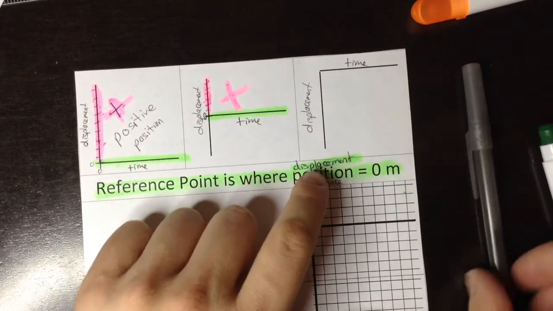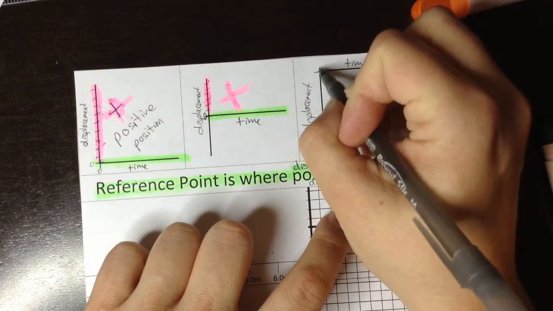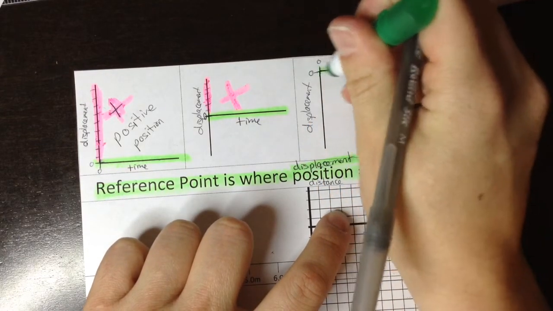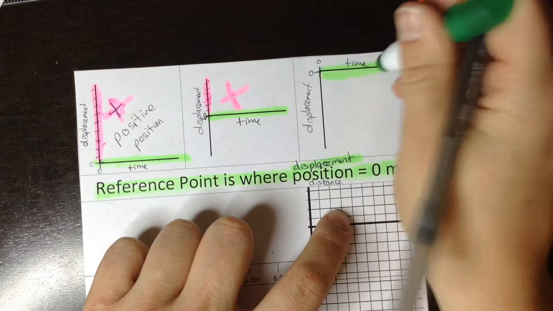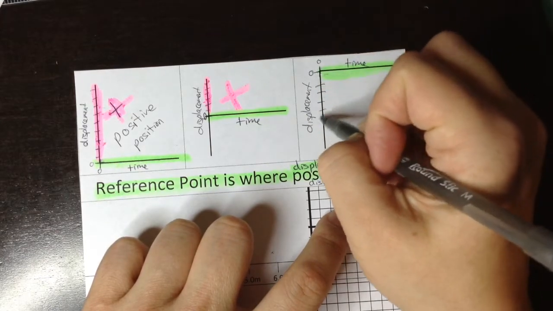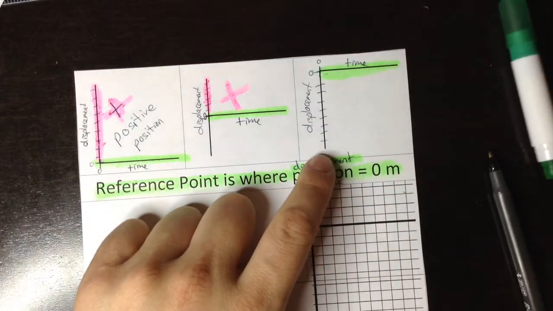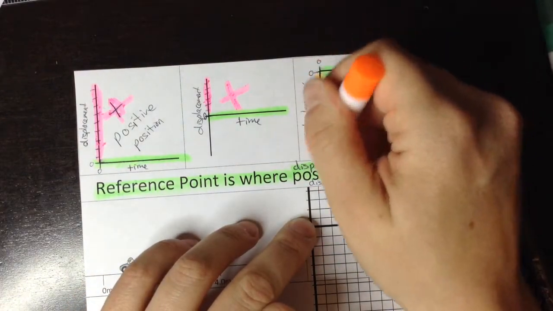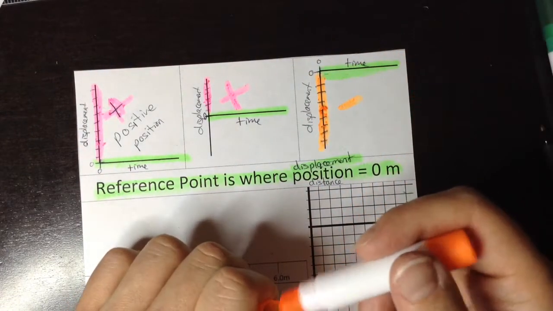Over here, our displacement, our intersection 0, 0. The displacement is 0 there, and the numbers as you go down are now negative. So this is my third color. This is going to be the negative.